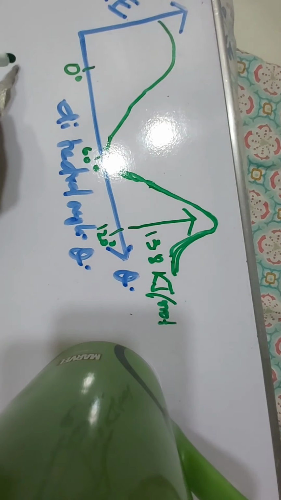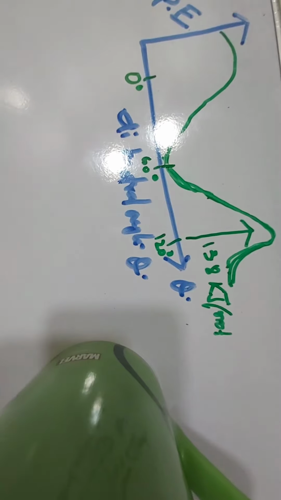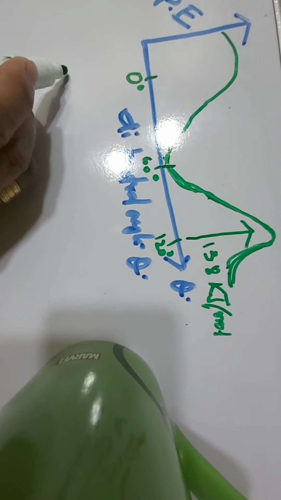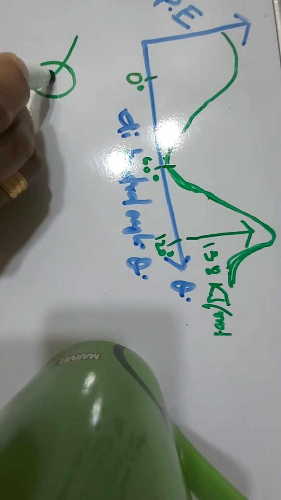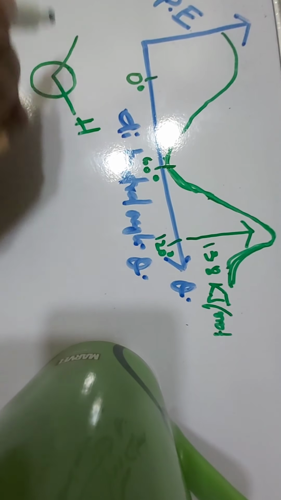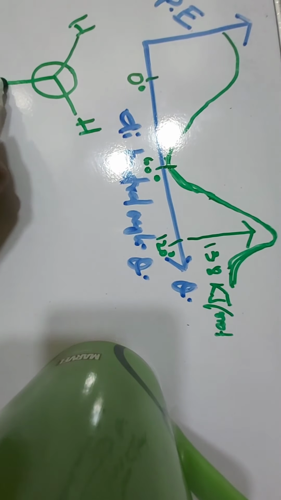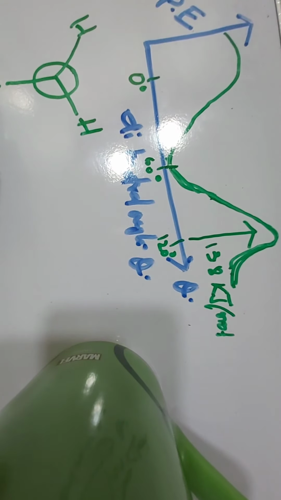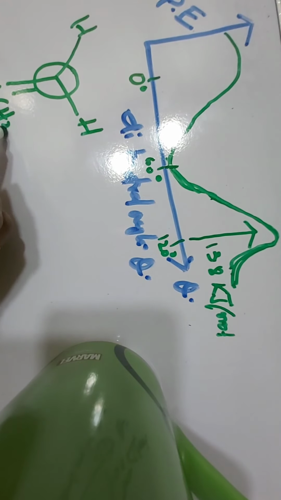So I will draw the formations now, so that you can see the eclipsed formations. It would be like this and this, and of course like this. This is eclipsing, CH3, right?